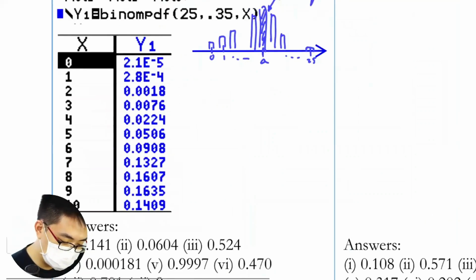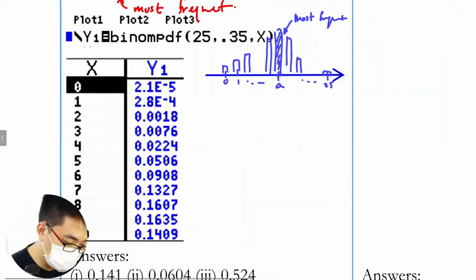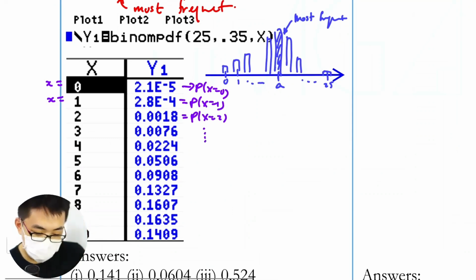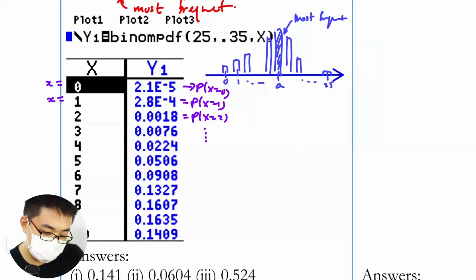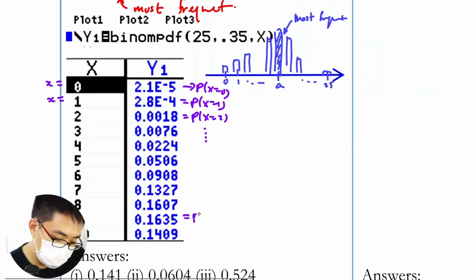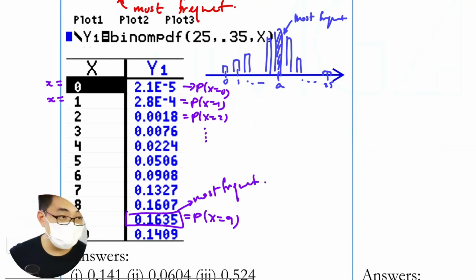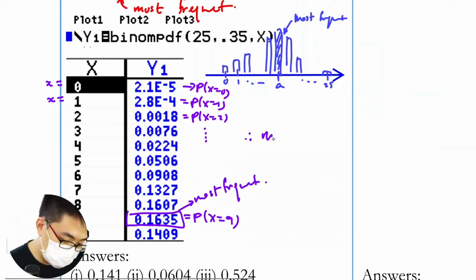So this part here is when x is 0, x is 1. So this is P(X equals 0), P(X equals 1) is this value here, this is P(X equals 2) and so on. Do you see that the highest probability, the most frequent one, is P(X equals 9)? Okay, highest probability. So hence, mode of X is 9.